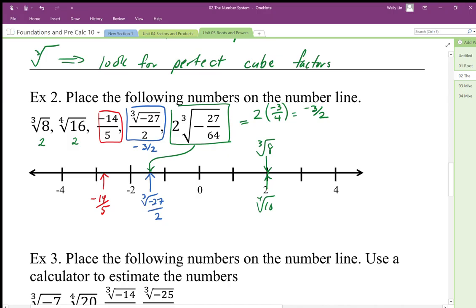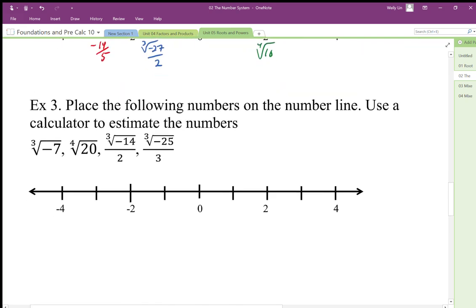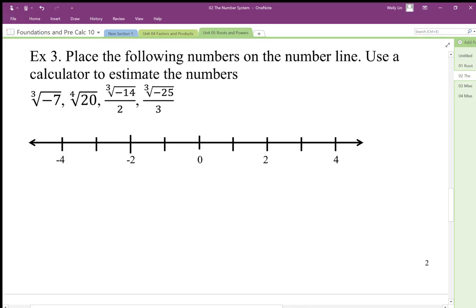Okay, so there's our number line, and we can do this without a calculator by looking for perfect powers. Now, again, if we are allowed to use a calculator, go ahead and use a calculator, but we also want to have this alternative strategy without a calculator. So these ones here, we need a calculator because these are not perfect powers of 3. 20 is not a perfect power of 4. 14 is not a perfect power of 3. 14 is conspicuous because it has a prime factor in there, so we know that's probably not going to be a perfect cube. 25 is a perfect square, but is not a perfect cube.